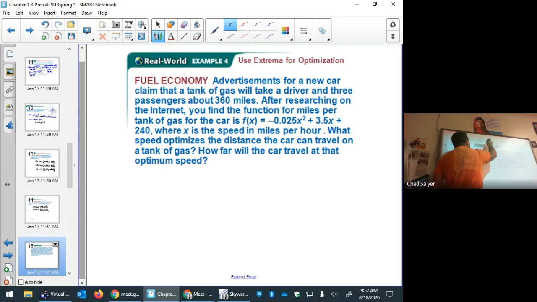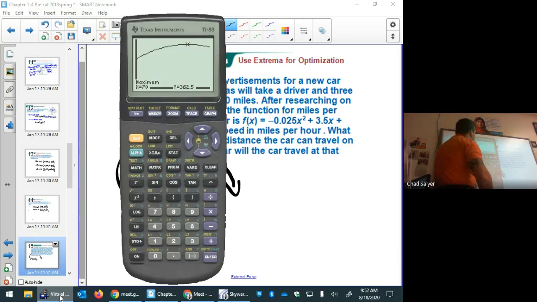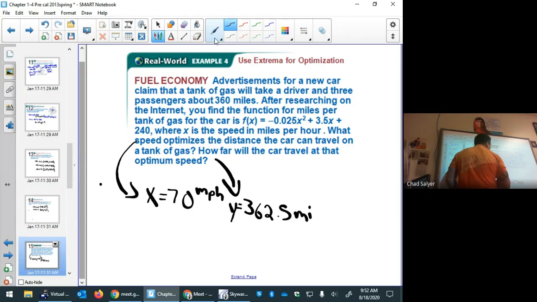This first question. The answer, as a consequence of our graphical analysis, is x equals 70. And how far will the car travel at that speed? 362.5 miles. And remember, this is in miles per hour, the x value, and then the y value is in miles.